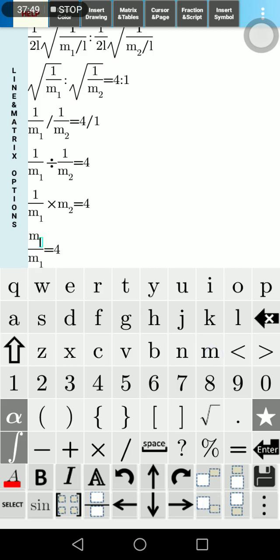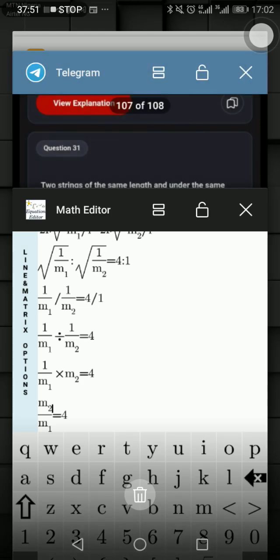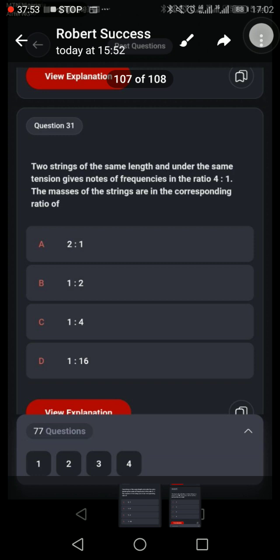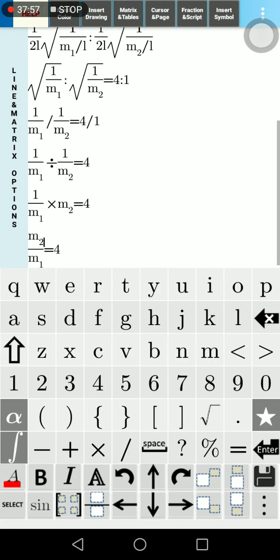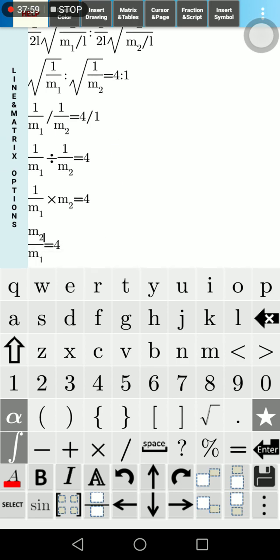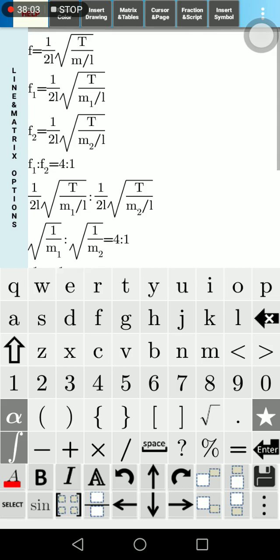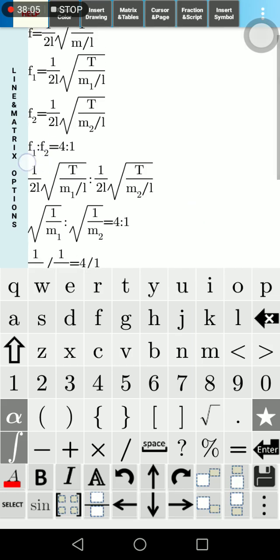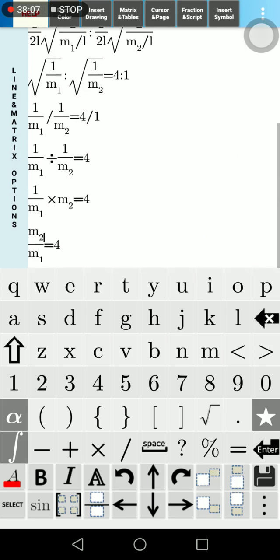So what did they ask me to get? The masses of the string are in the corresponding ratio of. Since we did f1 ratio f2, we should also get m1 ratio m2. We worked with f1 ratio f2, so our answer should be m1 ratio m2. But what I have here right now is m2 ratio m1 because m2 is up.